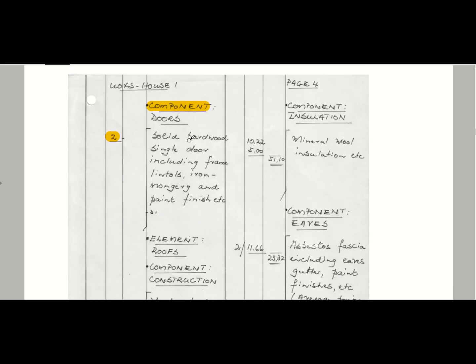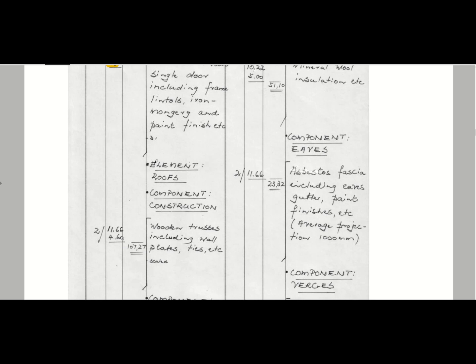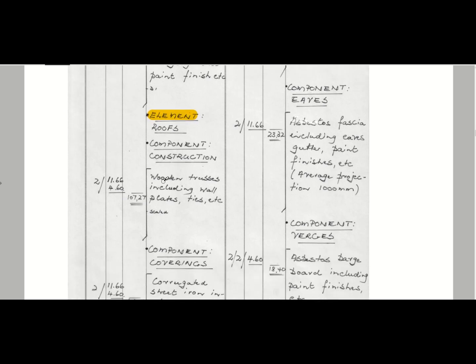Okay, so then you've got your doors, you've got your element, your roofs, component construction, wooden trusses that you measure, including wall plates, ties, etc. And here they've measured it in length, and you've got 2, so you can see it's measured over the length of your roof. The main thing that you need to remember here is to compare apples with apples.